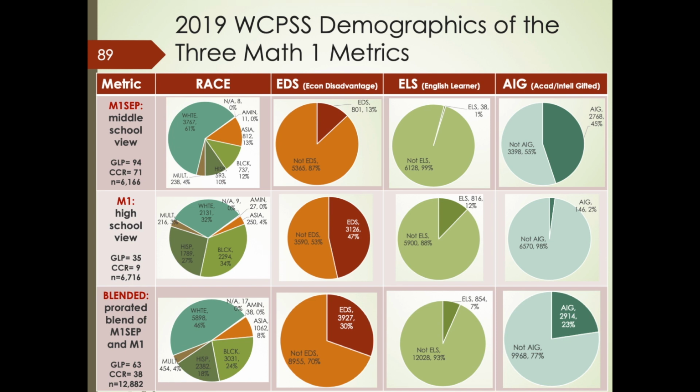So these are the kids who are more economically advantaged. And likewise, they also have a very large percentage of academically and intellectually gifted students. And then a very, very small number of English learners. At least in 2019, that number was only 38. And then you see the scores for this M1 SEP group were pretty high, 94 GLP, CCR 71.